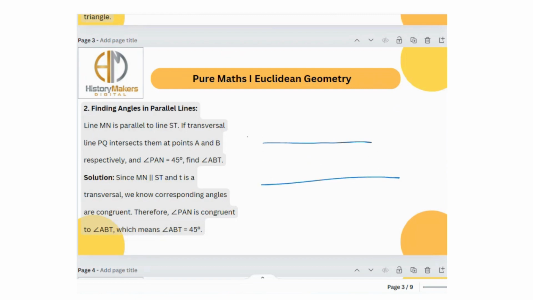Then the first one is MN, then you have ST. Okay, and they continue to say a transversal line PQ intersects them at points A and B. So there's a transversal line that intercepts them. And those points are point A and point B. Okay.